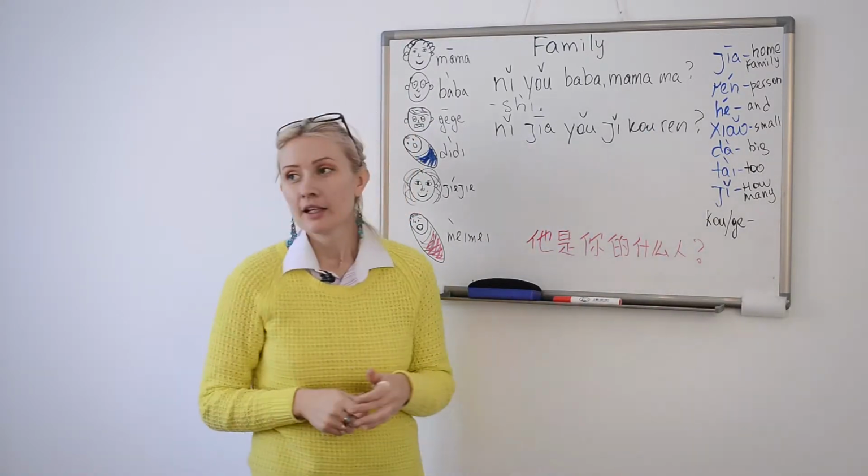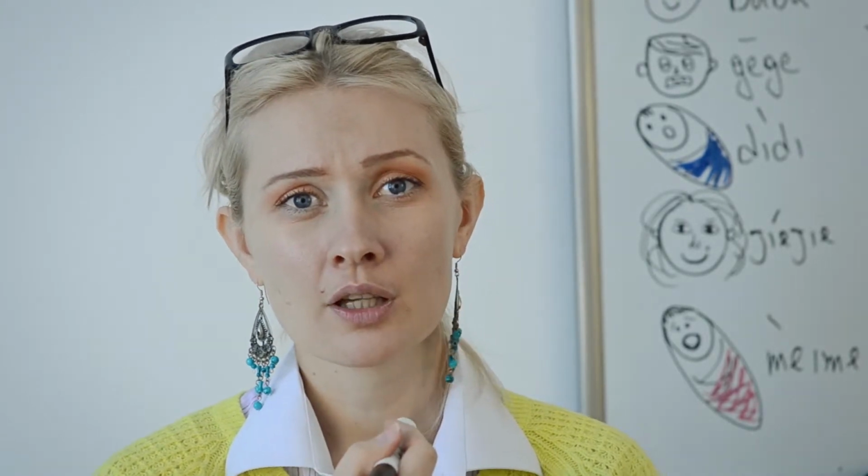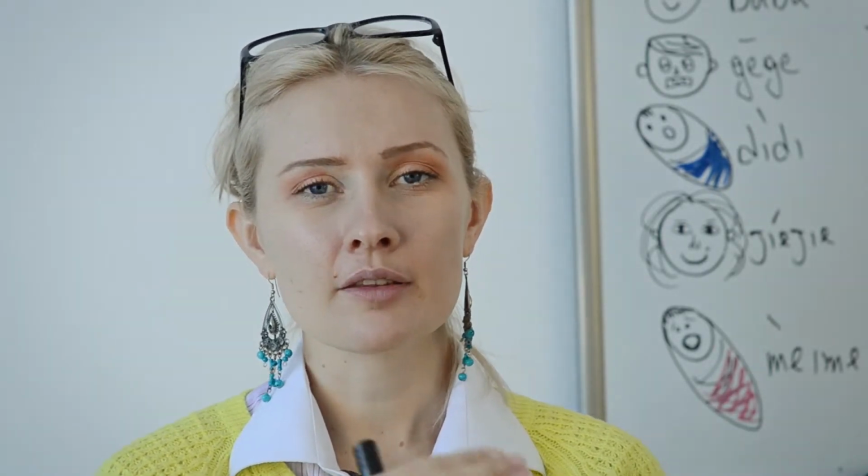Okay? So actually there are two words that you can use when you talk about your family. To count the family members, you can say 口 or 个. What's the difference between 个 and 口? 口 in Chinese is a mouth. So it's from ancient times when family members were counted by the number of mouths, right?